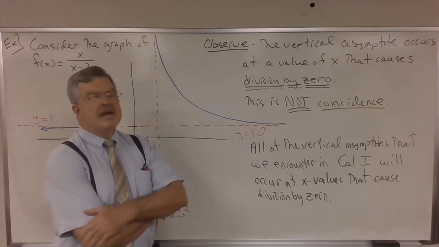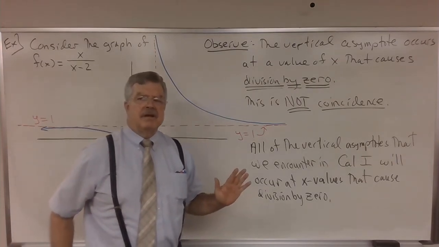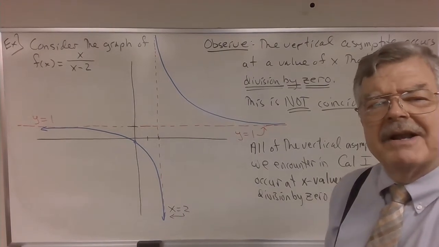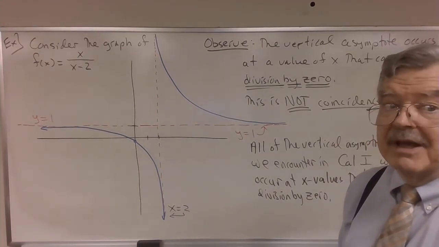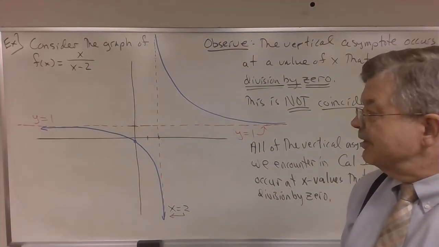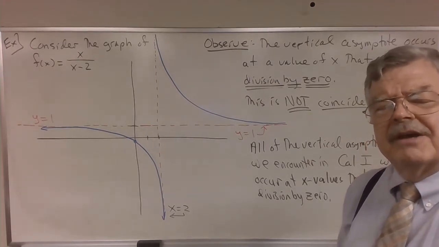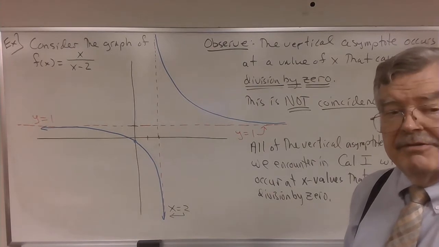Okay. So if we're looking at a graph and trying to find out where, if any place, it has a vertical asymptote, we're going to go right to those x values where we have division by 0.